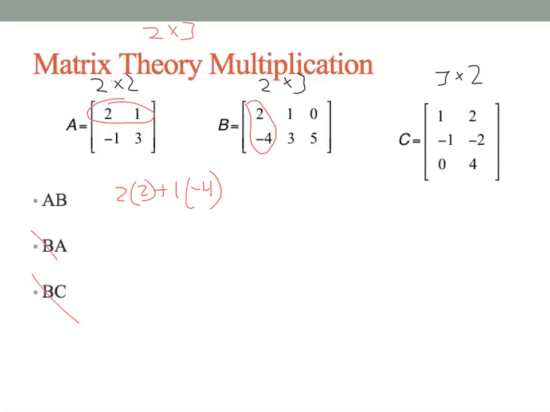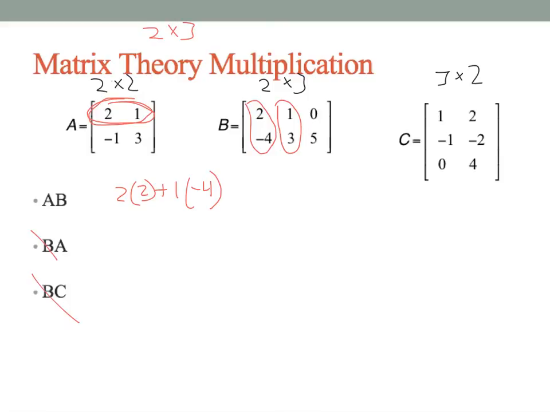All right. So for the next one, we use the same row times the next column. And you can do this in a different order. You can go down and do the second row in A and fill it out by columns instead. So really there's two different ways you can go about this.